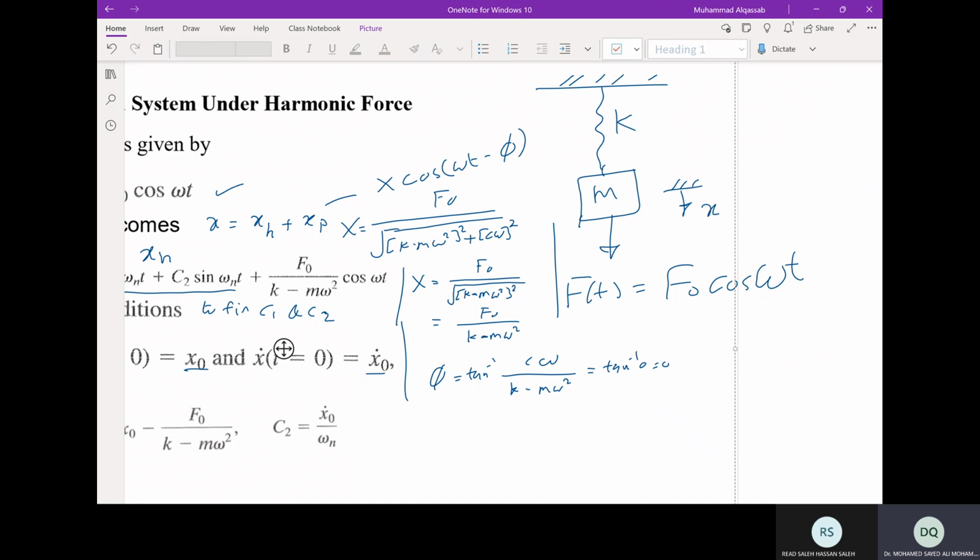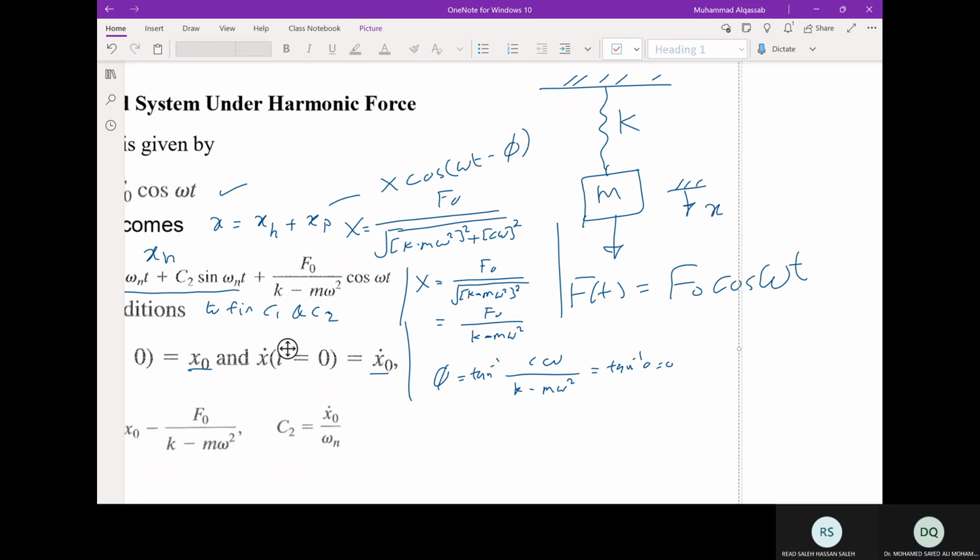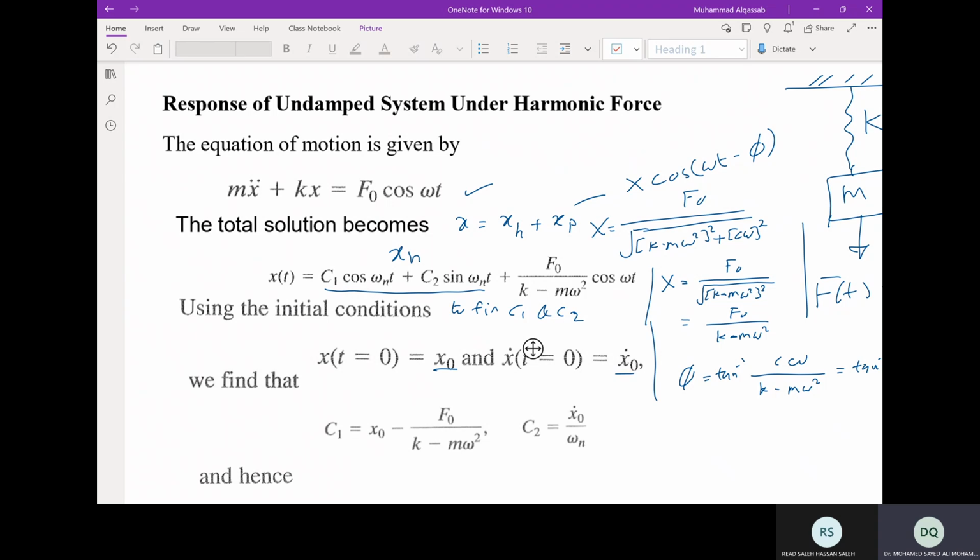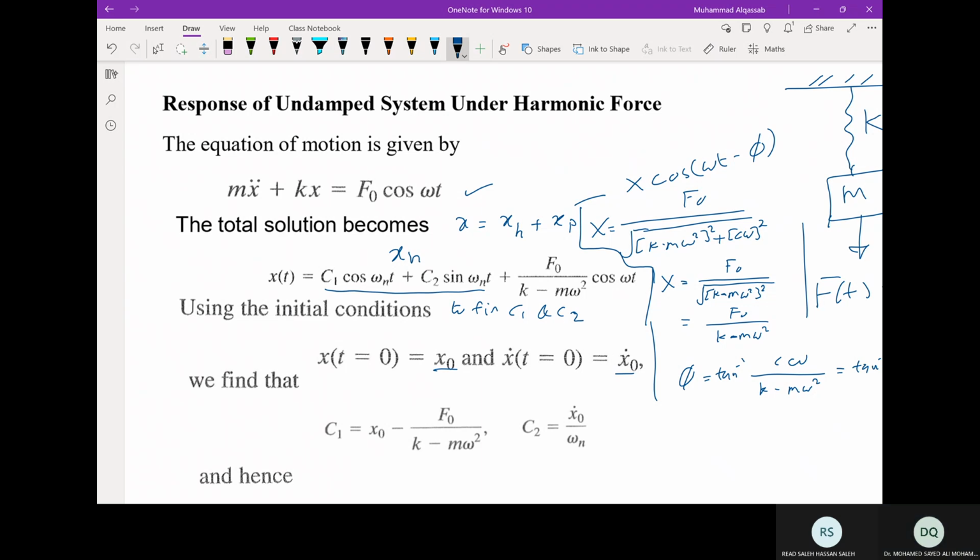The system is only a spring and mass, which is undamped. The solution will be two parts, homogeneous plus particular. Homogeneous is what we did: C1 cosine omega n t plus C2 sine omega n t, and the particular is f naught over k minus m omega square, cosine omega t.